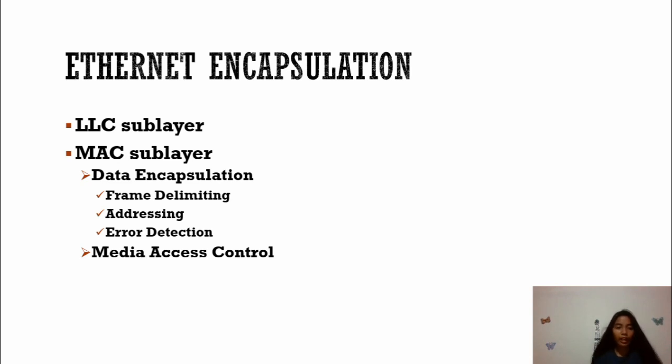While in the MAC sublayer, MAC stands for media access control, and it provides control for accessing the transmission medium. It is responsible for moving data packets from one network interface card to another across a shared transmission medium.